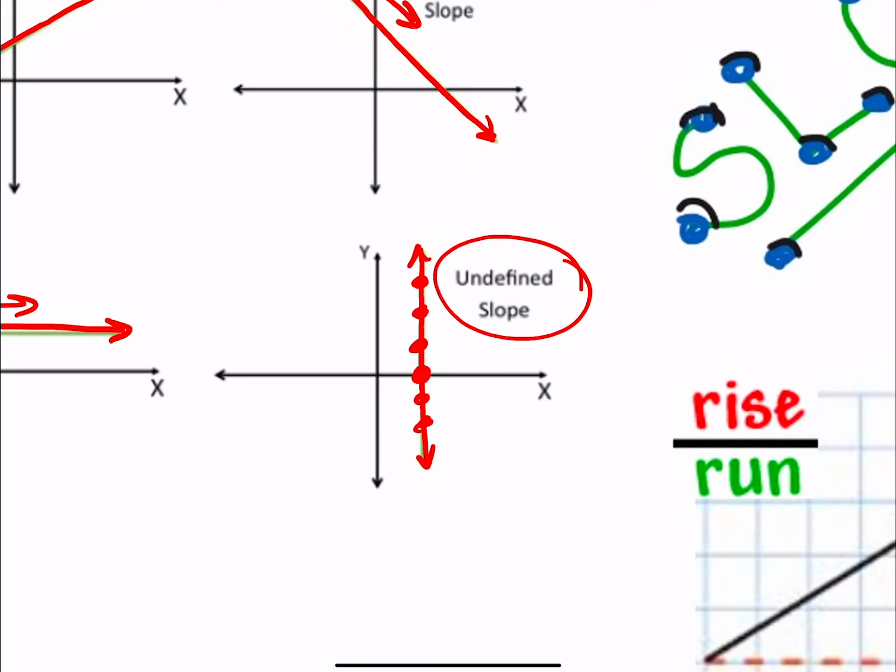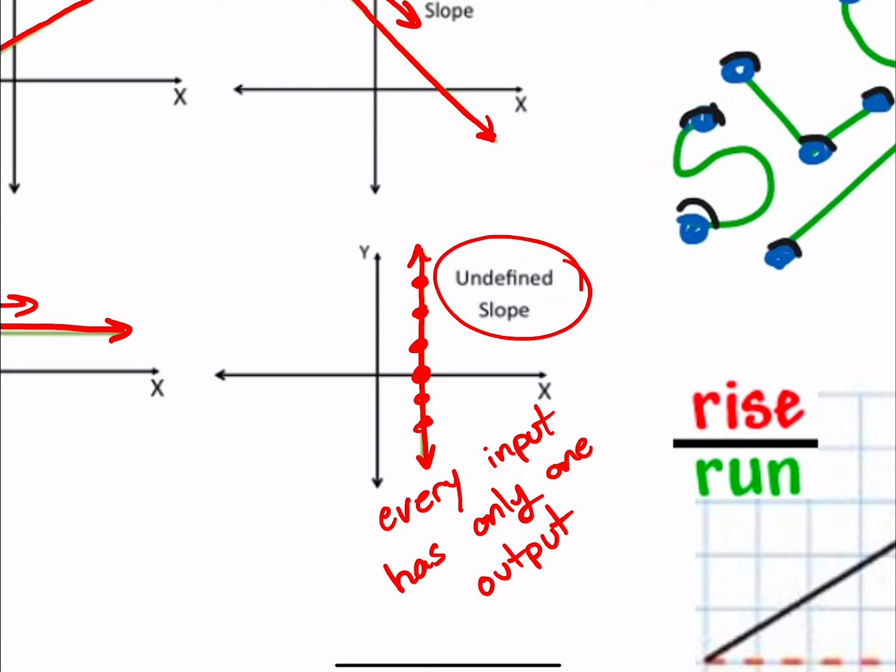And what do we say we need for a function? For a function, every input has only one output. Exactly one output. That's for an undefined slope.